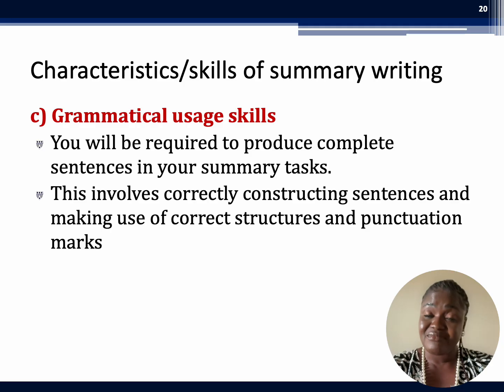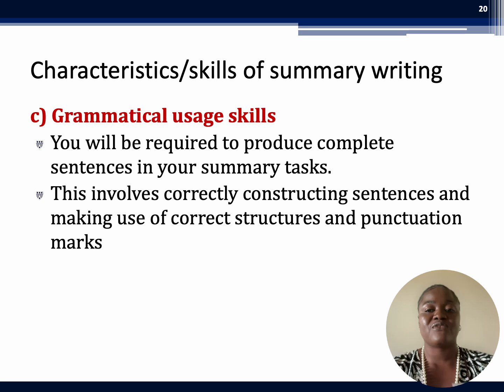Additionally, use of your own words helps to demonstrate that you understand the text, and that helps you to avoid plagiarism. So you're not copying hook, line, and sinker what the author has put there.